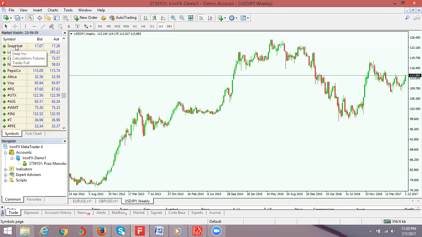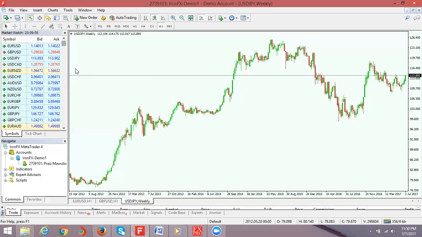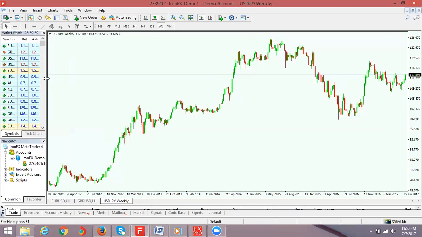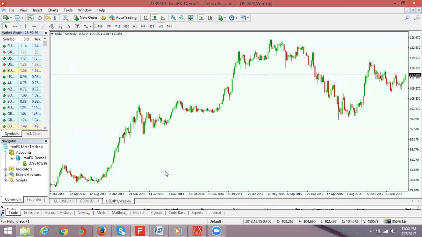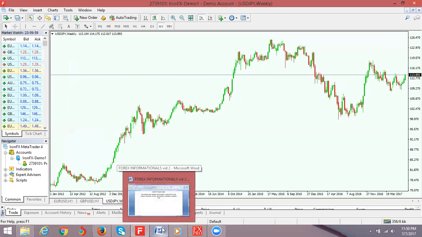Even Snapchat, wow. I never knew that Snapchat has been listed here. Yahoo is there too. FB is Facebook. People trade Facebook stocks. You can trade Google and all that. But I only trade currencies and sometimes commodities, so I limit myself to that. Those are the instruments listed for us to trade.